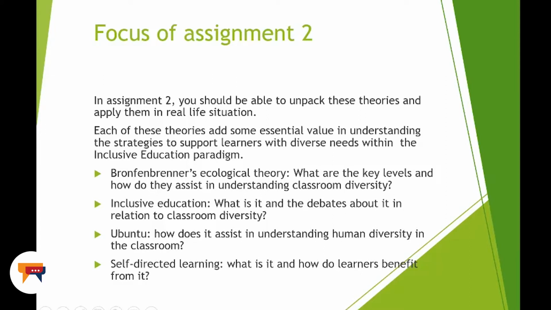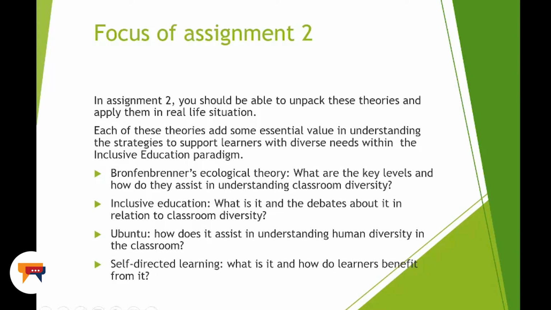And these theories are Bronfenbrenner's ecological theory, inclusive education, Ubuntu, and self-directed learning. You should know that these are not the only theories, but in this module we have specifically decided to introduce you to these 4 concepts or theories so that you can have some basic understanding of how they relate to the support that we provide to students with diverse needs.